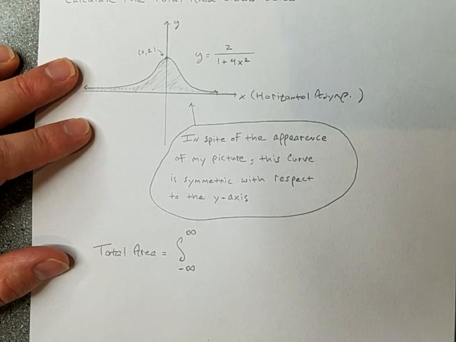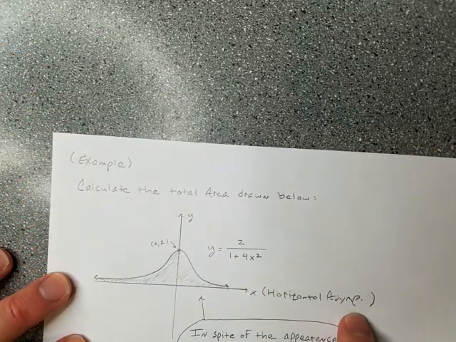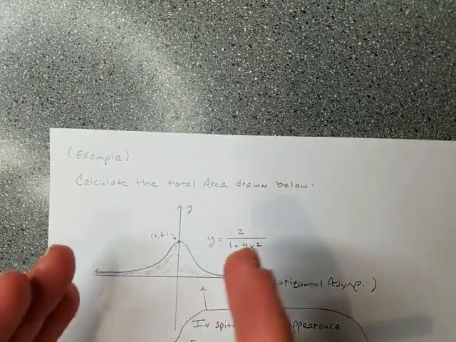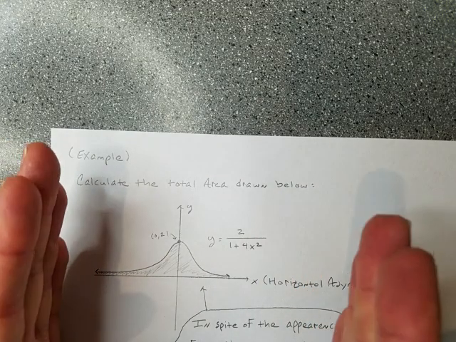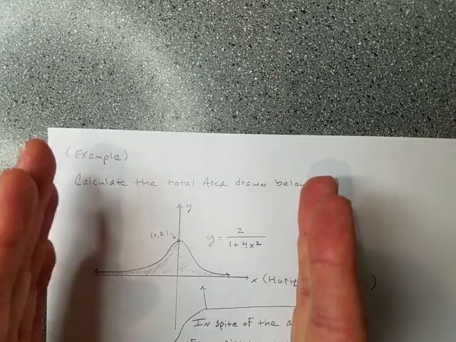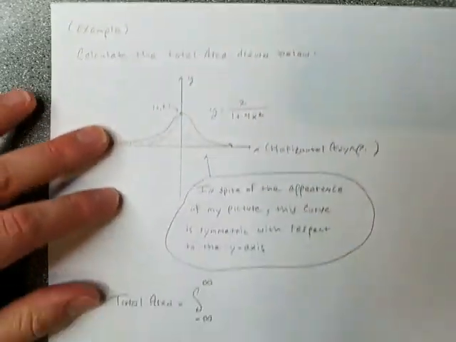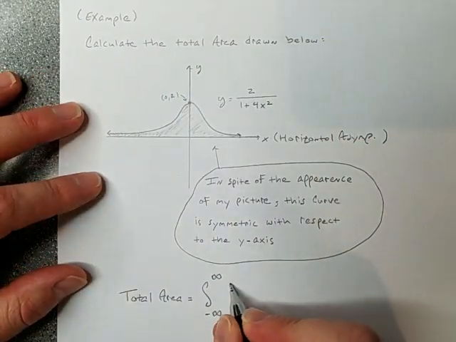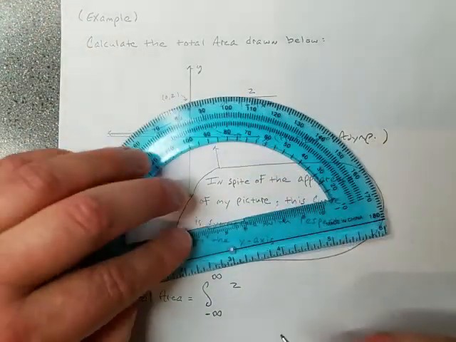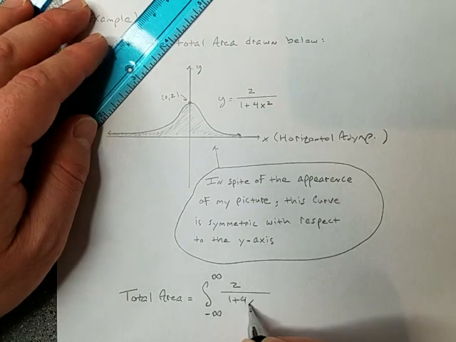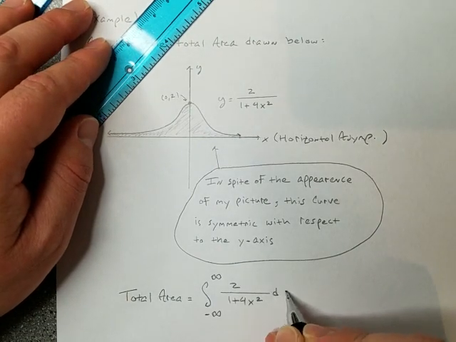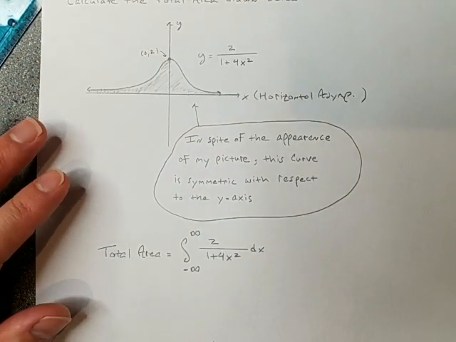Because this curve, having a horizontal asymptote on the x-axis, does span forever in each direction. To get all that area would be from negative infinity to infinity. Okay, so we could do like that. I think if you saw a problem like this in a book or something, that's probably how it would be set up, all right?